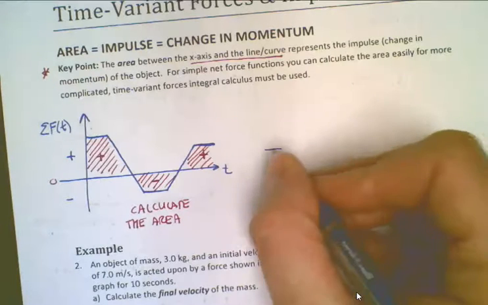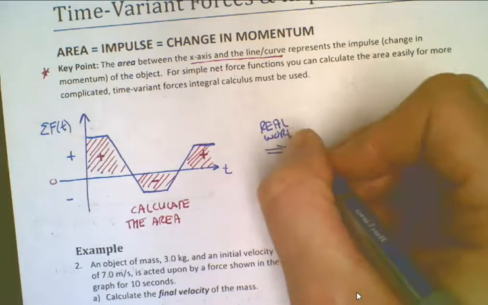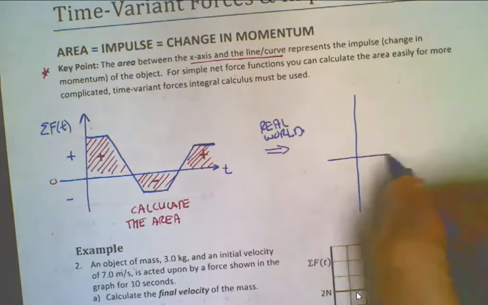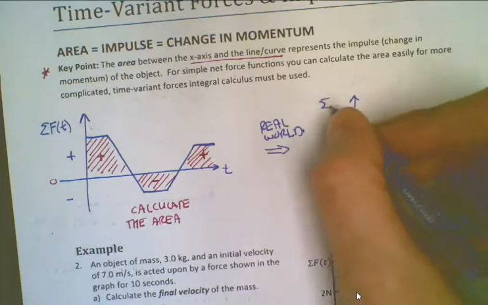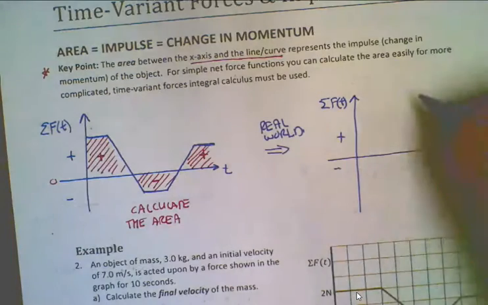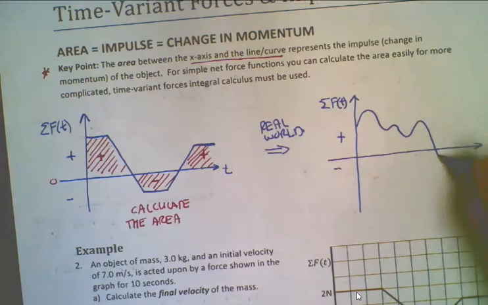So in the real world, what we actually have is this. Functions are even more dynamic. They don't actually change as abruptly as other forces might do. So you can't always just easily add up the areas that you see here. What you might get in real life is a force that varies maybe like this, right?